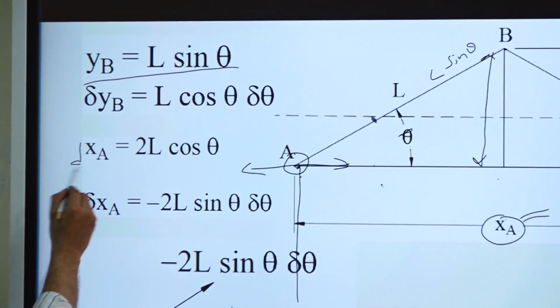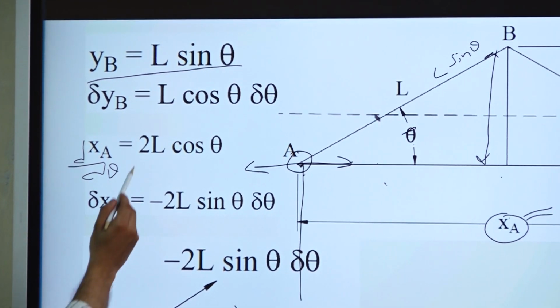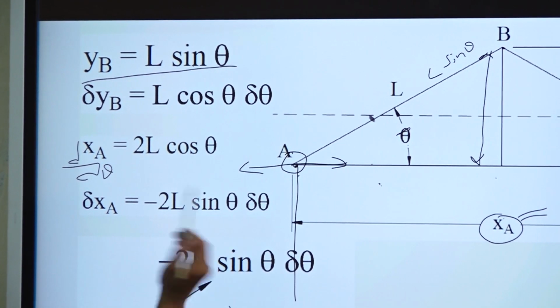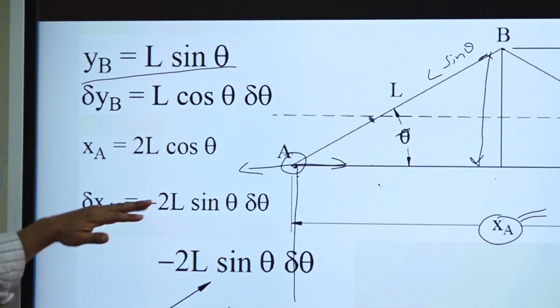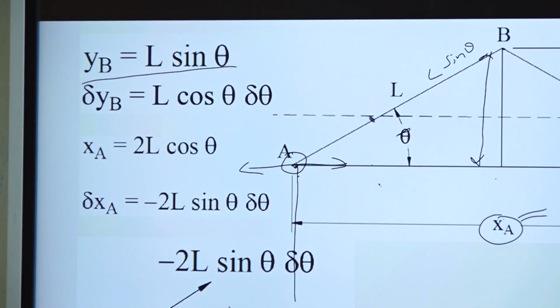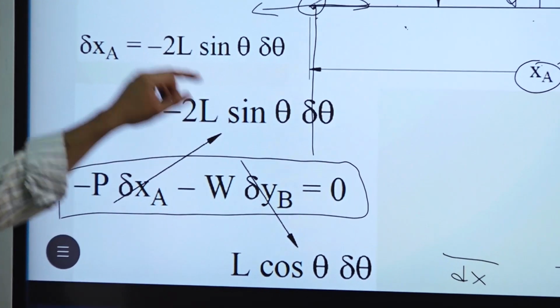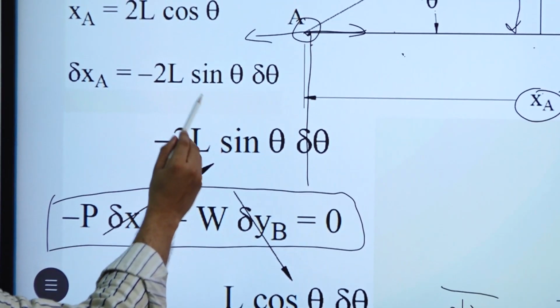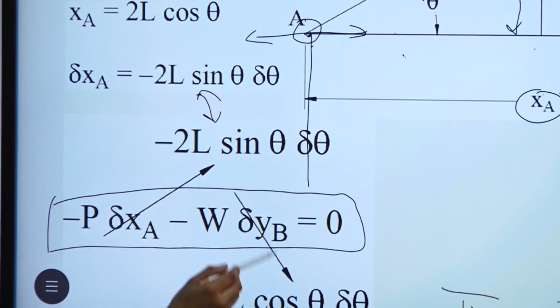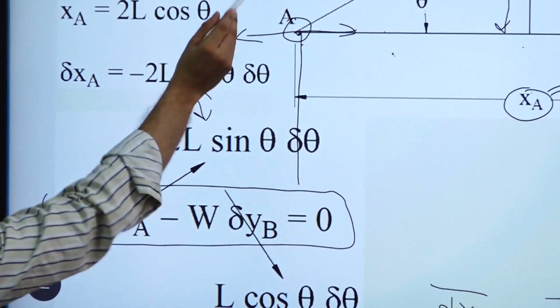If you differentiate with respect to theta, you will find minus 2L sin theta d theta, right? Now you put these two values in the equation from before. In place of delta XA you put minus 2L sin theta d theta, and in place of delta YB you put L cos theta d theta, right?